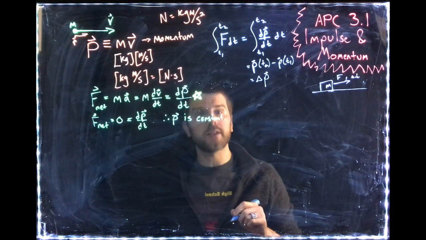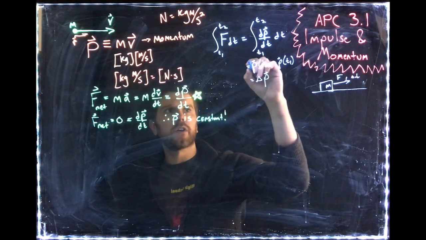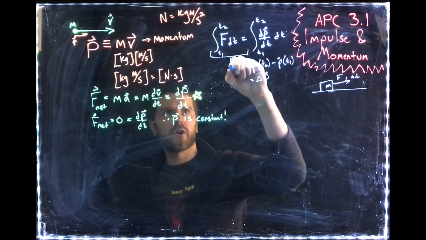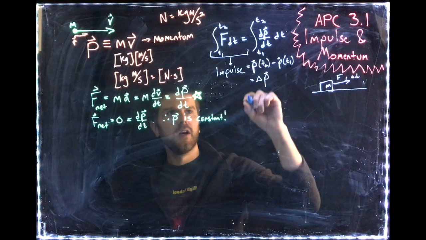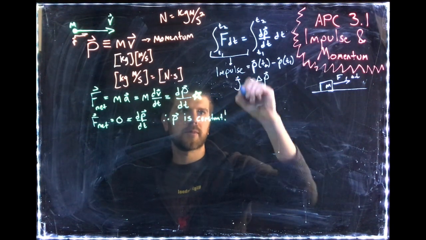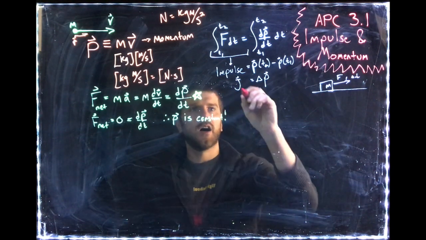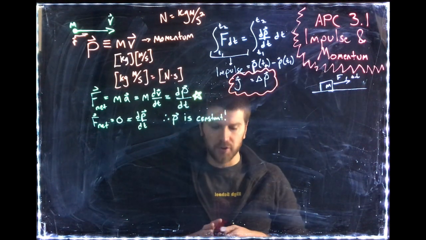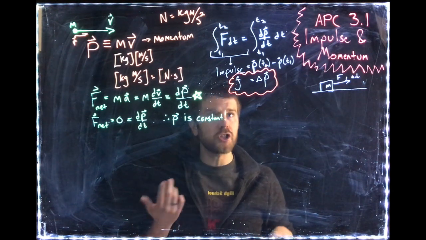The left side, this integral of force over time, is a special quantity we are going to call impulse. We have a special letter for it. It's actually J. Sometimes you'll see it as I, but we're going to use J in this class. We get J equals delta p. So that integral of force over time we call impulse, and it's just the change in our momentum.